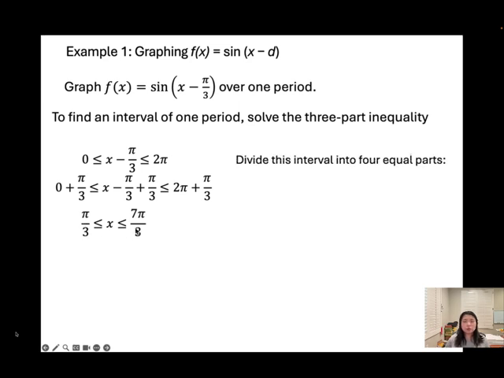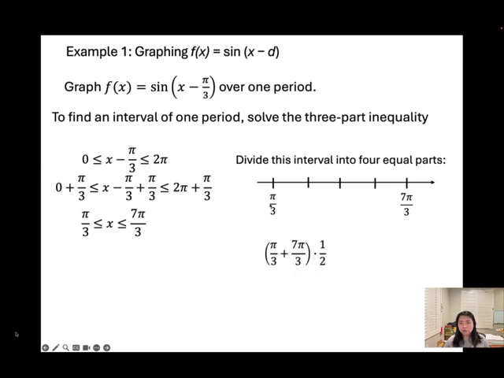Then we're going to divide this interval into 4 equal parts. We're going to start with pi over 3 and finish at 7 pi over 3. We need to determine these 3 points. So what we're going to do is add them up and then divide by 2.